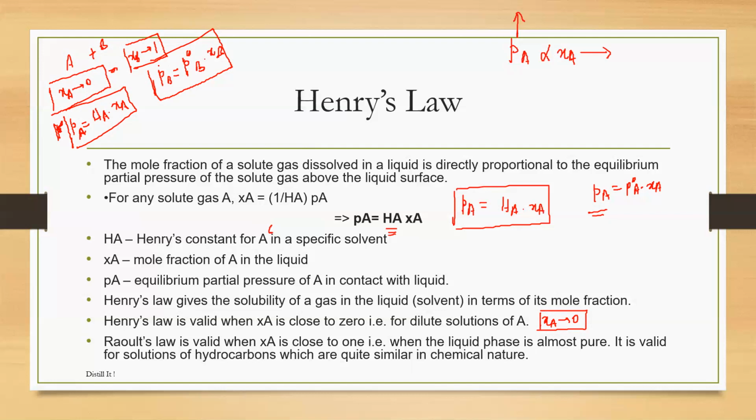This concept actually comes into the picture when we talk about solutions. So we'll be dealing with this concept more in solution thermodynamics. For now, I have just given you the basic formulas.